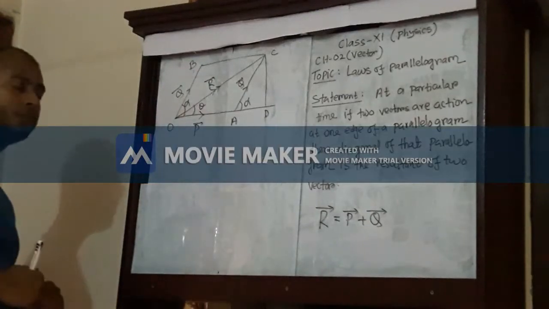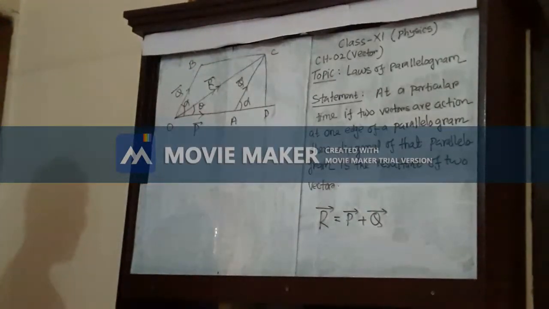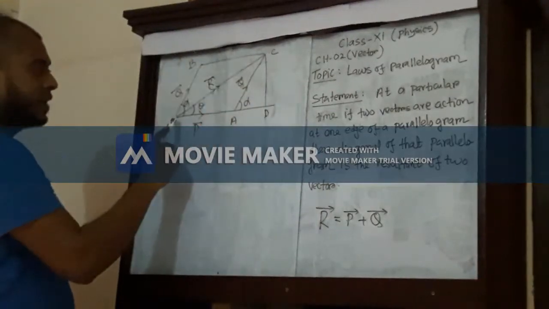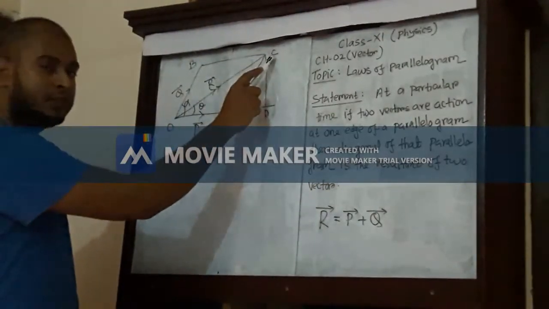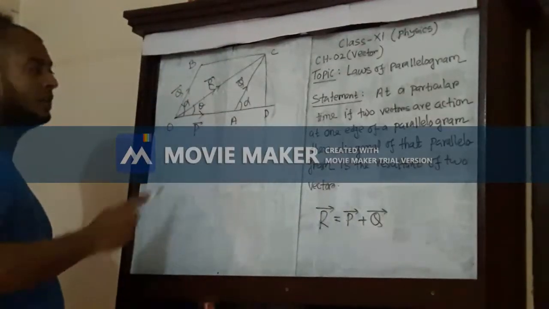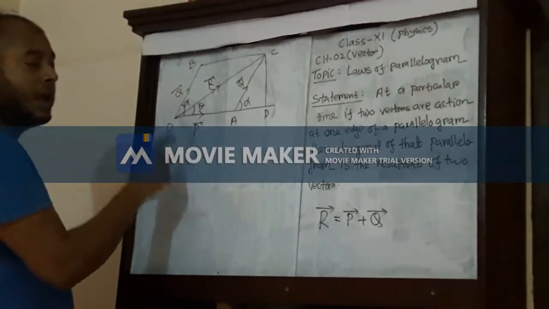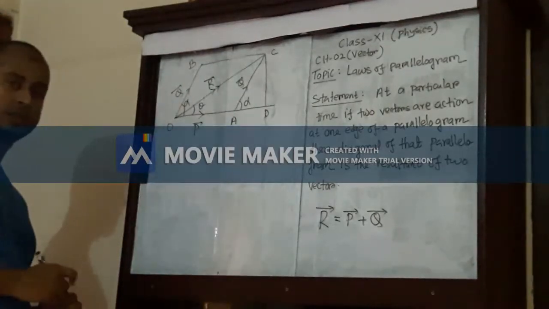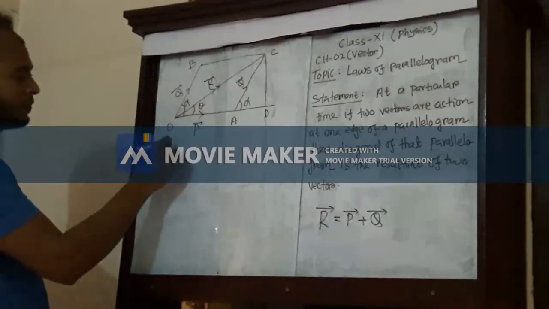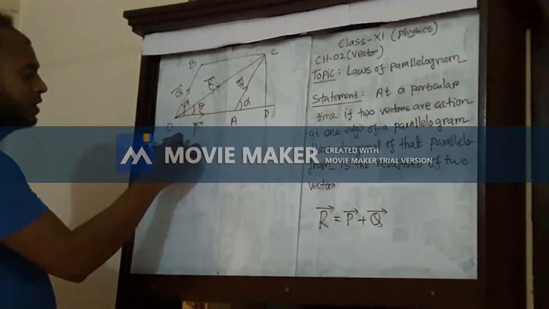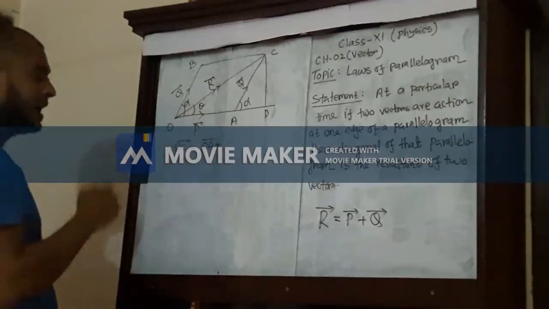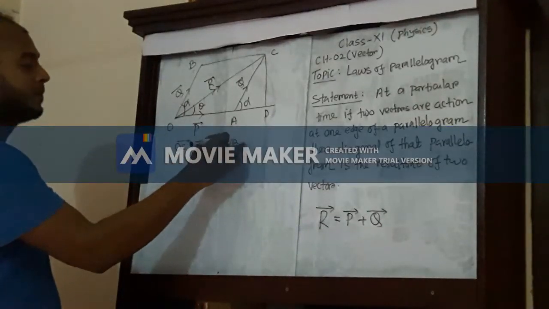This is one edge of a parallelogram. Then diagonal OC of that parallelogram will give you the resultant of these two vector P and vector Q. So we can say that according to this law, OC vector will equal to OA vector plus OB vector.